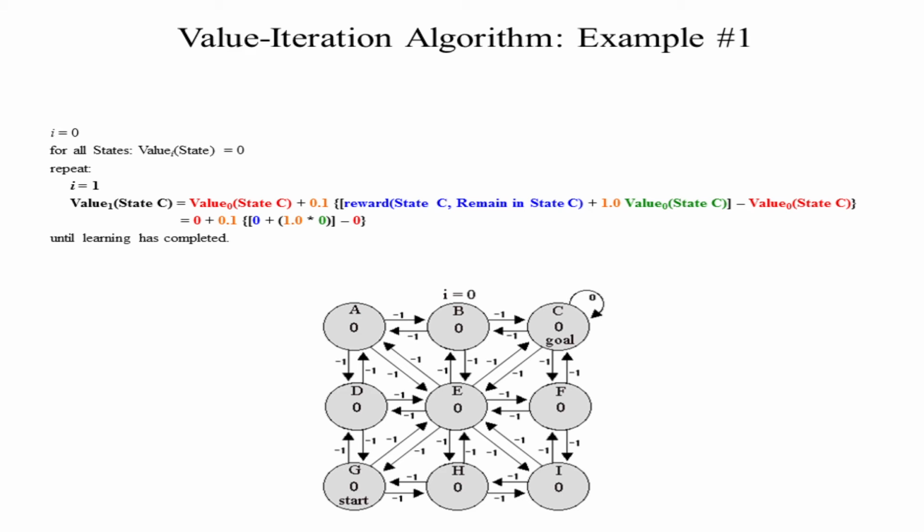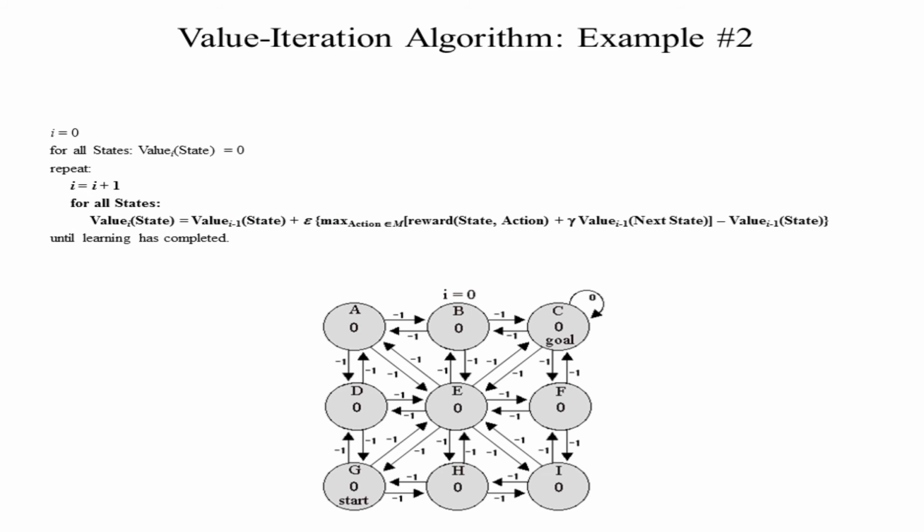The value of the action from this state is equal to 0. The reward that he anticipates from remaining in this state based on its value in the previous time step is equal to 0. And then finally, you subtract from that the value 0, which is the value of that state in the previous time step. So if you crunch all the numbers, you end up with a value that's still equal to 0. Okay? So that's not that interesting.